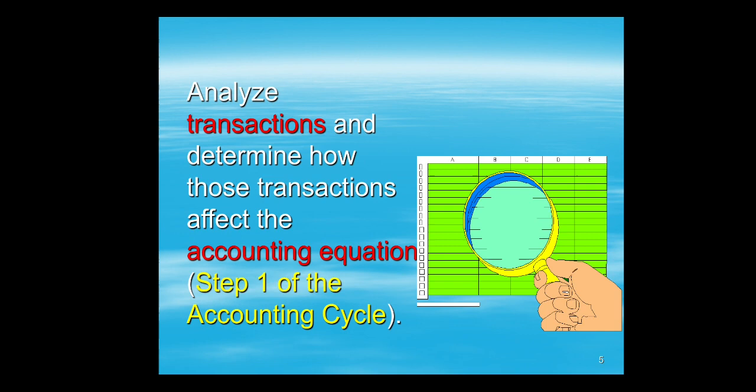Remember, step 1 in the accounting cycle is doing analysis. Another point to remember is that the accounting process, which is the process to make accounting records for a business, starts after the business makes a transaction.